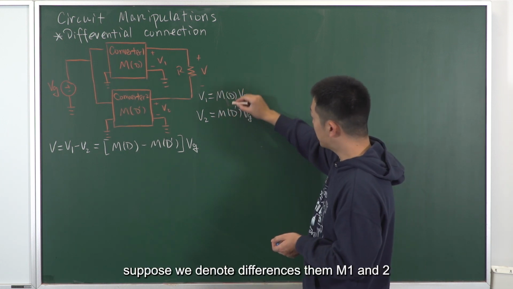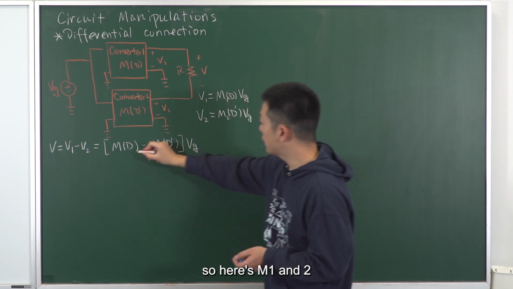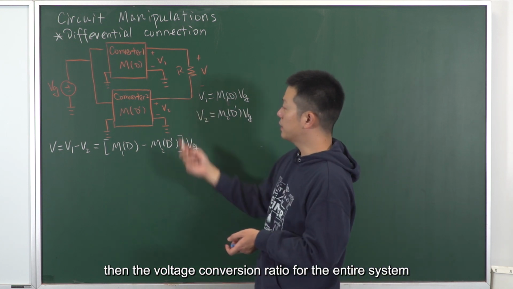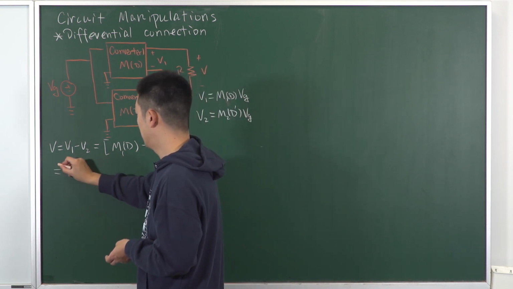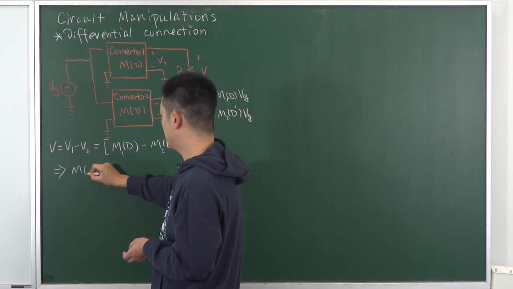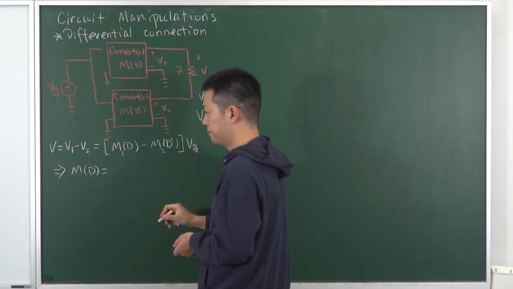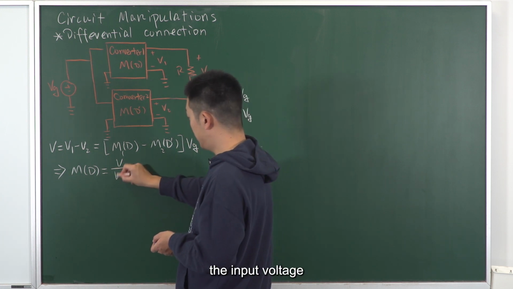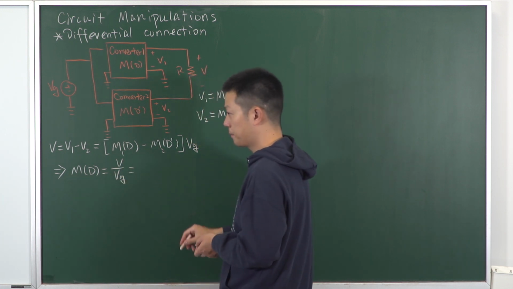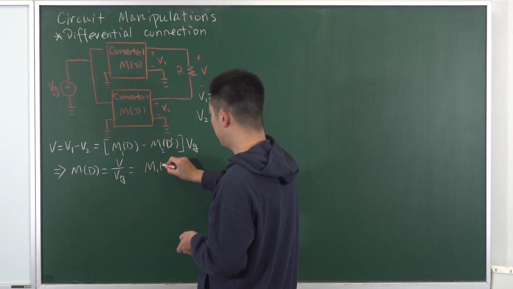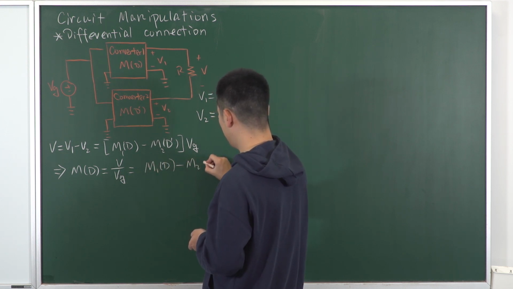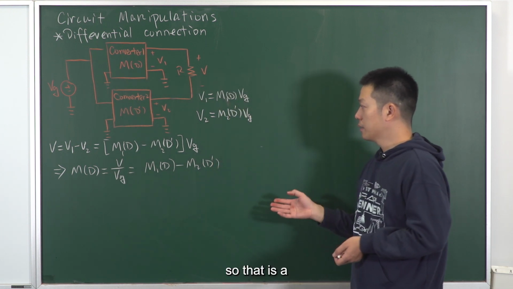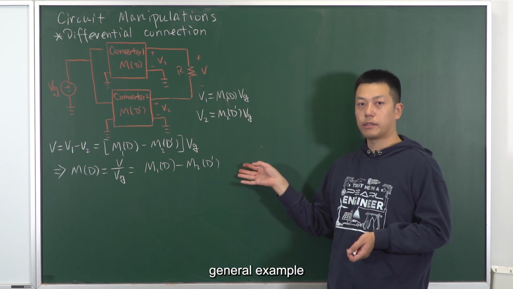Suppose we differentiate them by M1 and M2. So here is M1 and M2. Then the voltage conversion ratio for the entire system, M(D), equals the differential output divided by the input voltage, equals M1(D) minus M2(D prime). So that is a general example.